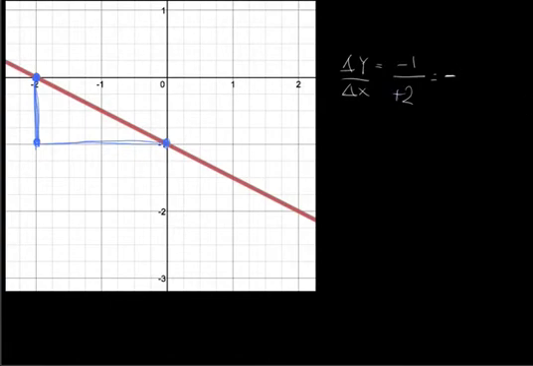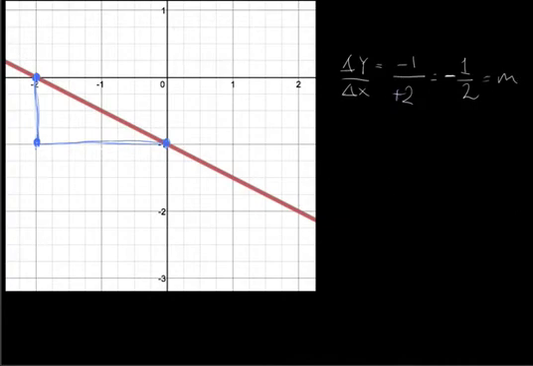Let's see if I can write that a little nicer here. 1/2. I'm not going to simplify it to a decimal. I'm going to leave it as that ratio of two numbers because the two numbers show us two different things, right? The change in y and the change in x. So that's my slope. That's m. I'm going to write that as m.